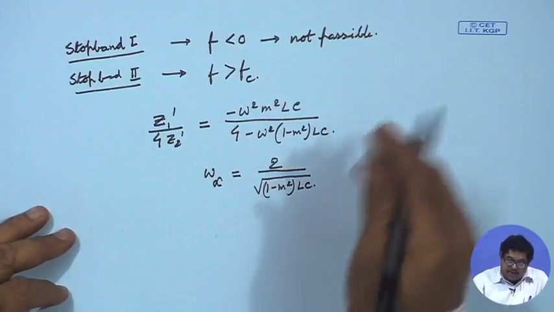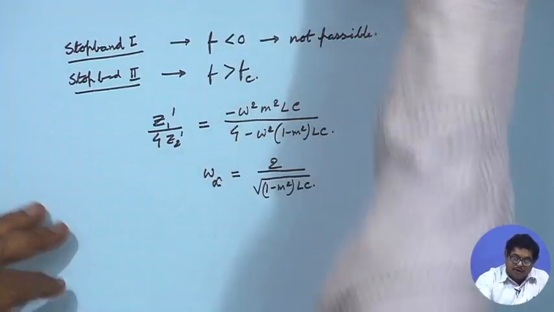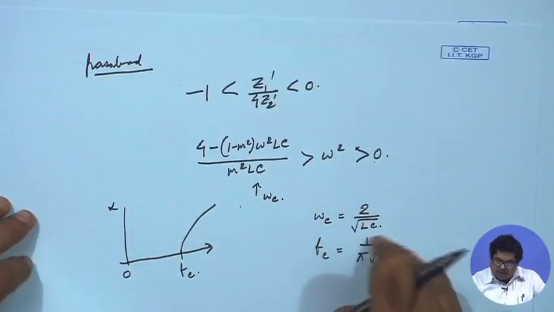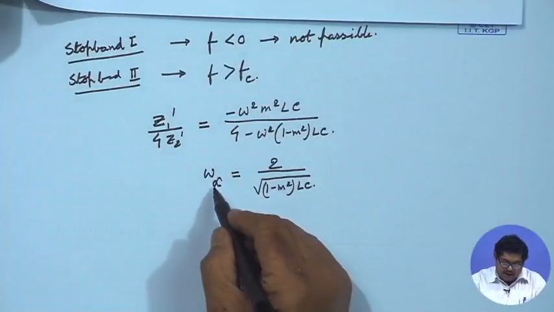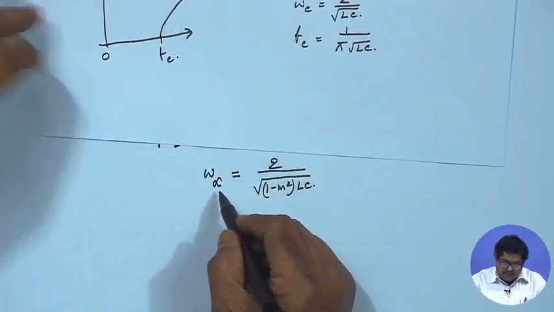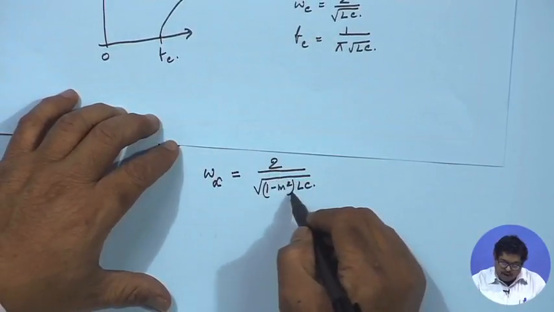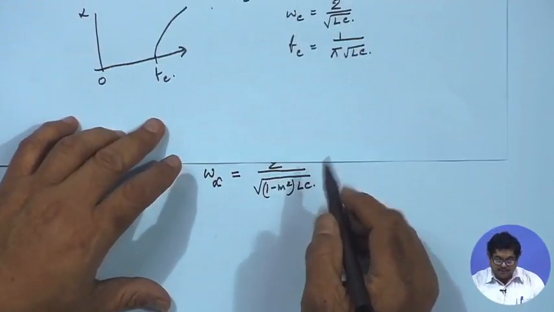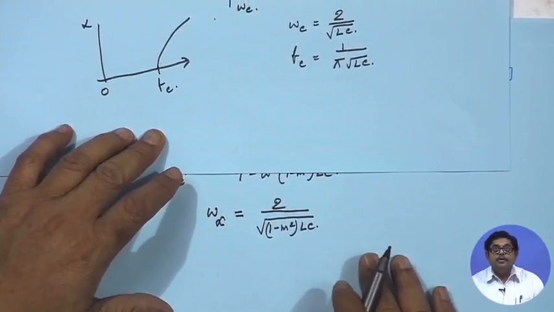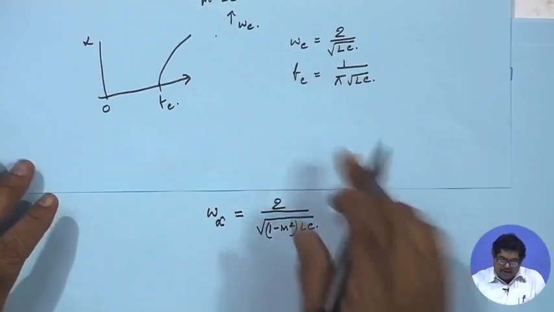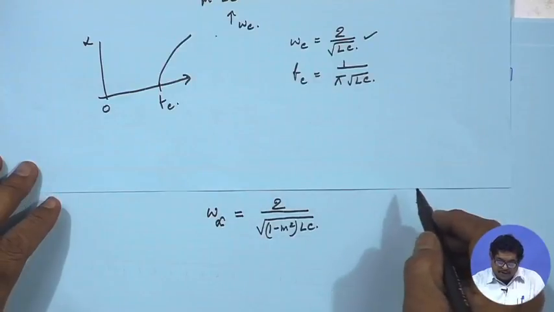So, what is my omega c for constant k? 2 by root over L c. Omega infinity is 2 by root over 1 minus m square L c. Okay. You see, this is omega c.